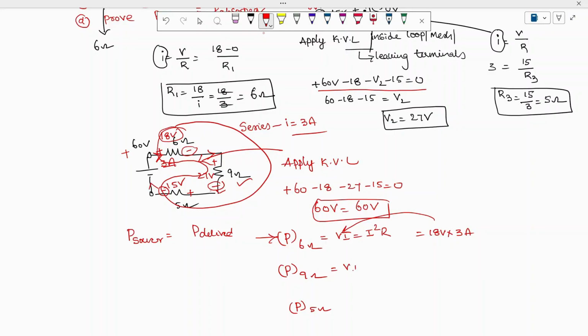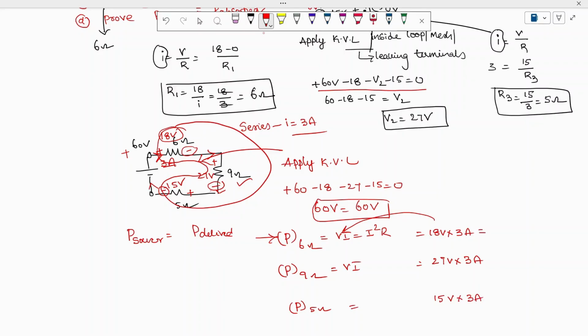Now, what is the power across the 9 ohm resistor? So the total voltage is how much? So here a voltage of 27 volts is flowing, a current of 3 amperes is flowing. So what is the power across the 5 ohm resistor? So 15 volts and a current of 3 amperes.